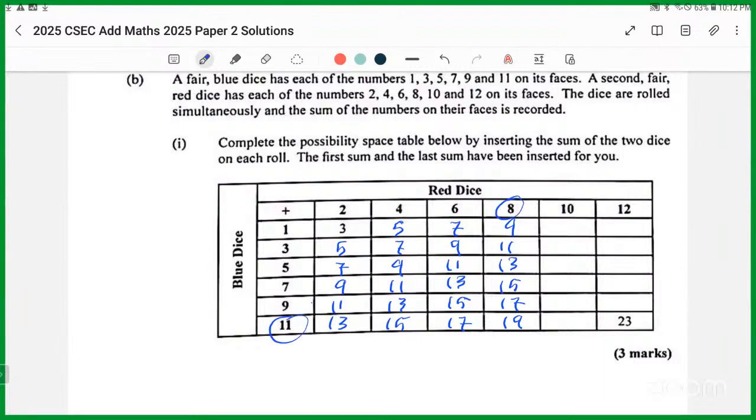Then this comes up now: 11, 13, 15, 17, 19, 21. And the last number is 22. Let's see if it matches: 13, 15, 17, 19, 21, and 23 is coming. That's the sample space completed.